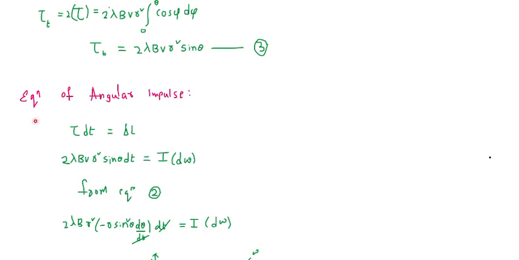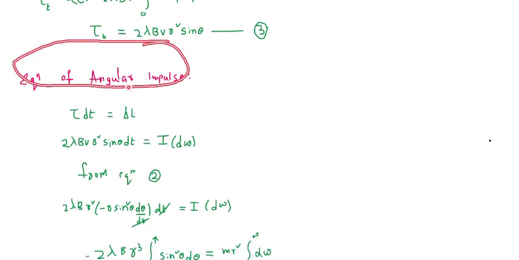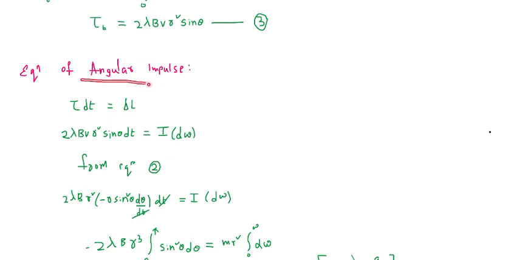Now we write the equation for angular impulse. By using the angular impulse equation, we avoid complex calculations. The angular impulse is written as tau dt equals the change in angular momentum. If we substitute the torque here, 2 lambda B v r square sin theta dt equals I d omega.